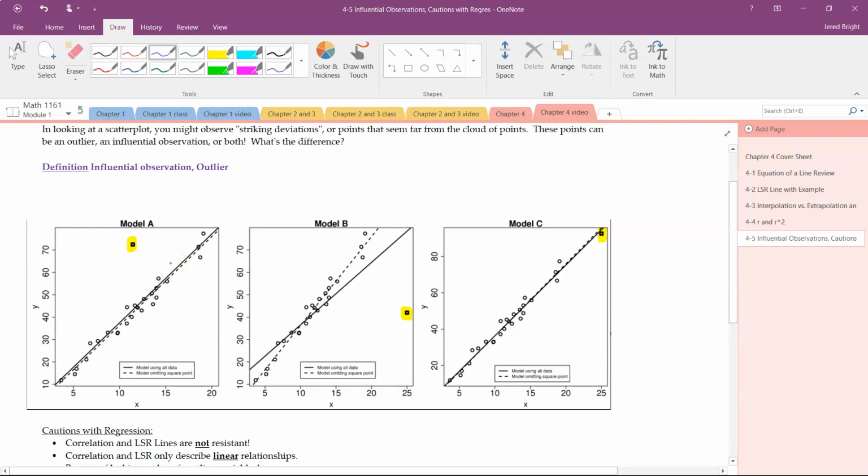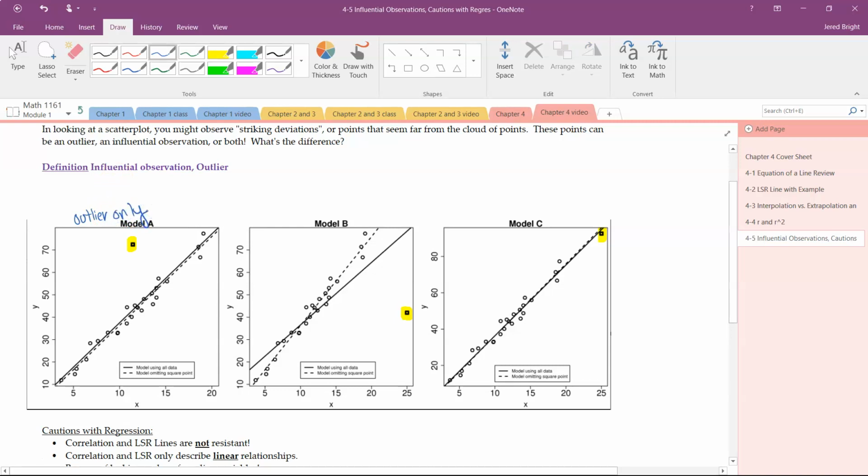To me, it changes the equation of the regression line a little bit, but not much. So in this case, I would say it is an outlier. It does not appear to significantly change the regression line or the correlation, so I would just say it's an outlier only.